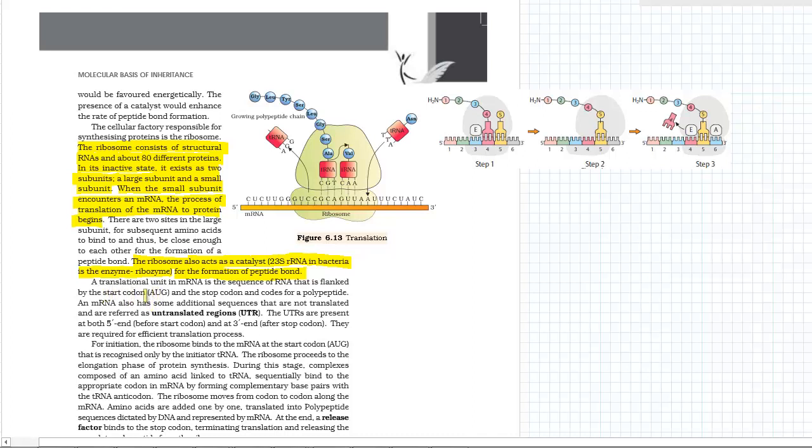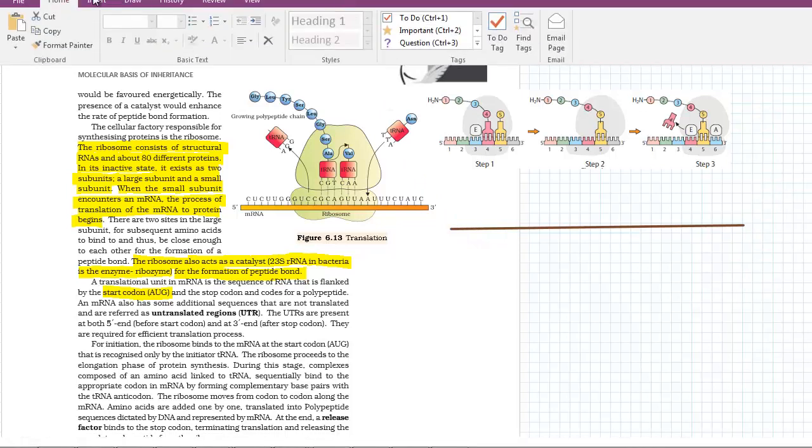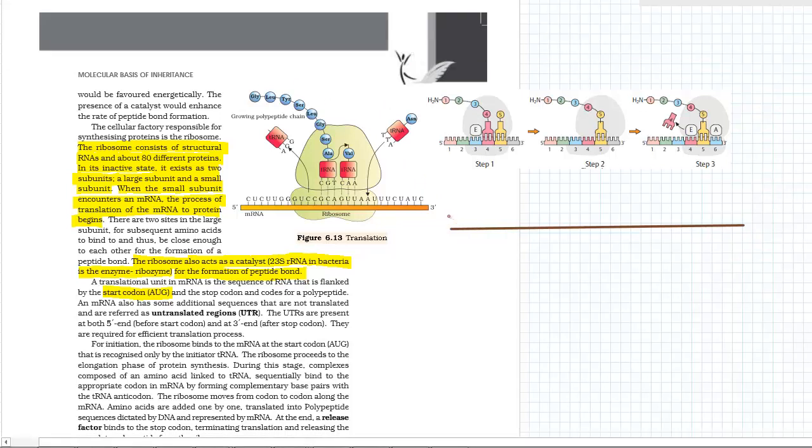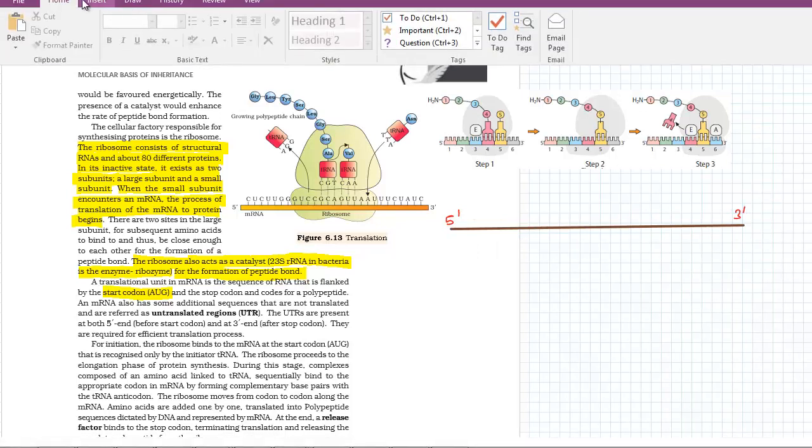We have already seen that the very first codon will always be AUG, which also codes for methionine. Apart from the starting codon, we have some flanking regions present in the RNA. If I consider this to be my mRNA, then I'll have my 5' end somewhere around here and the 3' end, let us say here, and I've got some flanking regions on both sides.